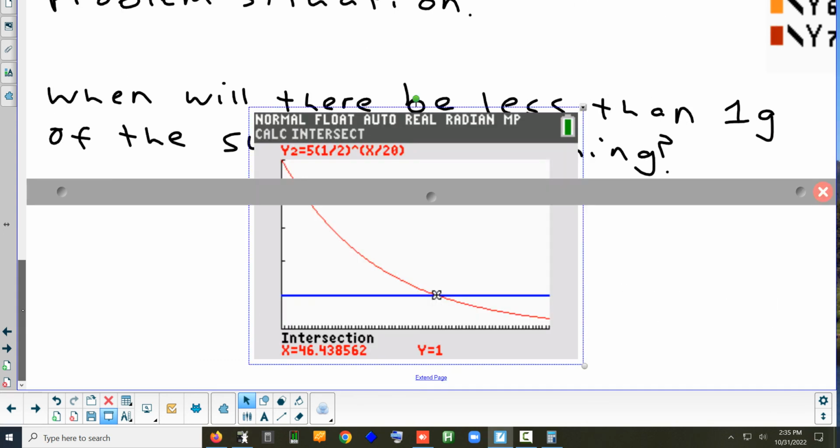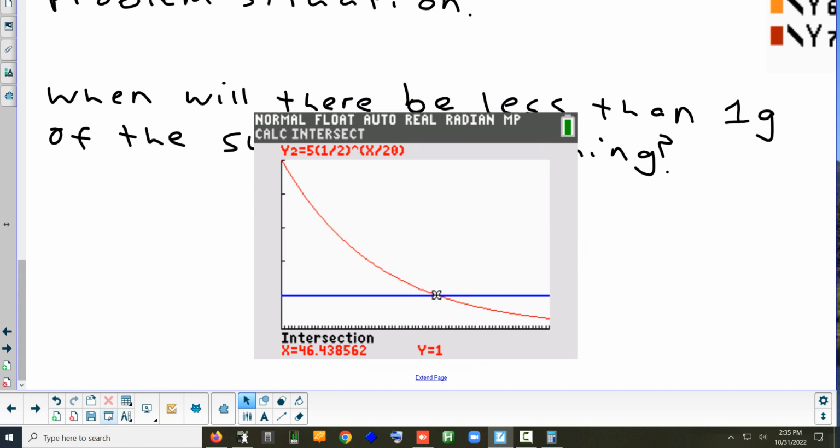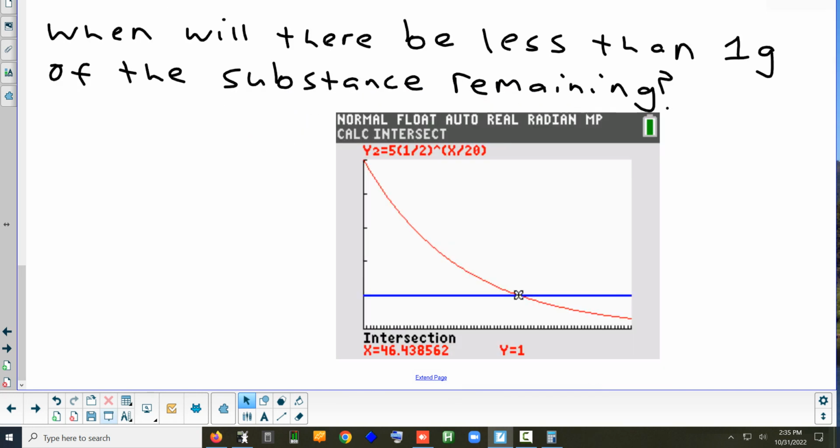So for 5 grams to decay to less than 1 gram is going to be anything from this point forward because it's going to keep decaying. So I would say anything from day 46.4 and on. So when will there be under 1 gram remaining?